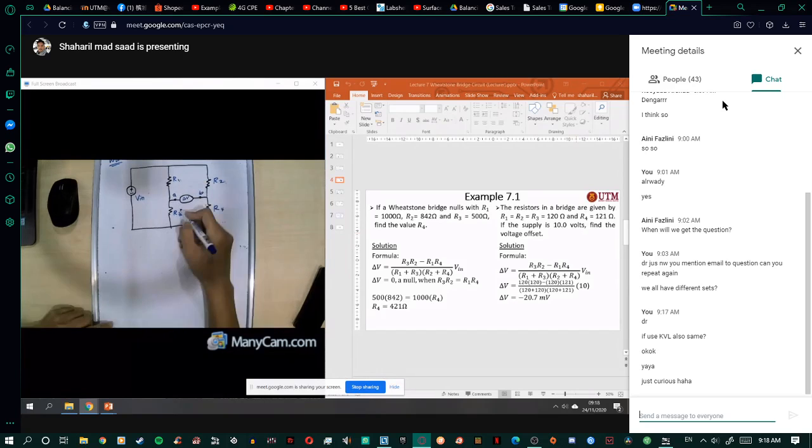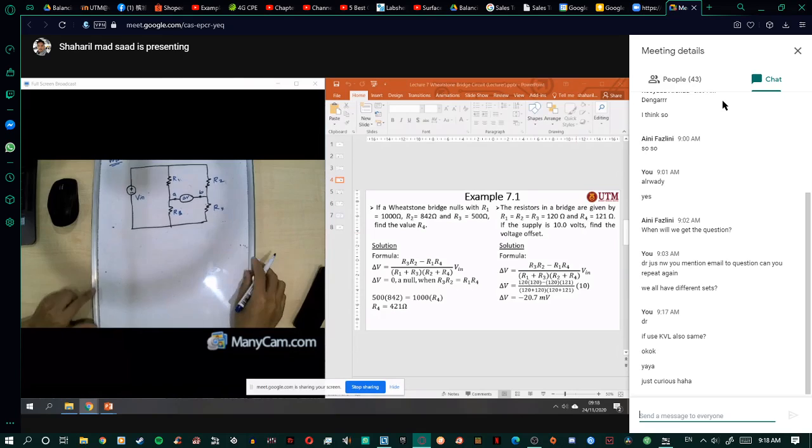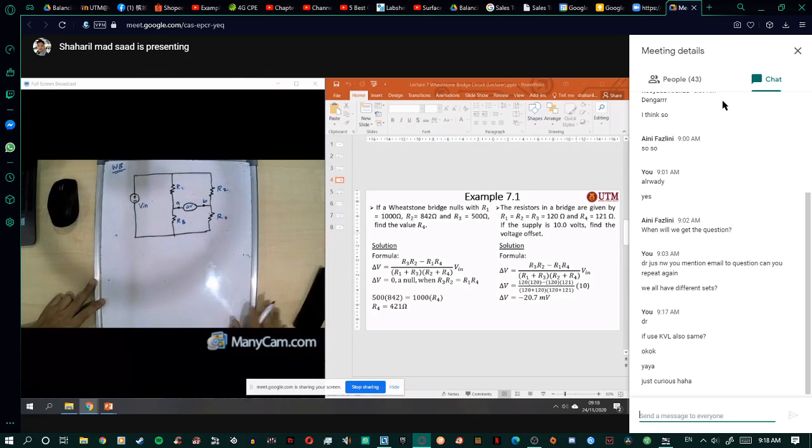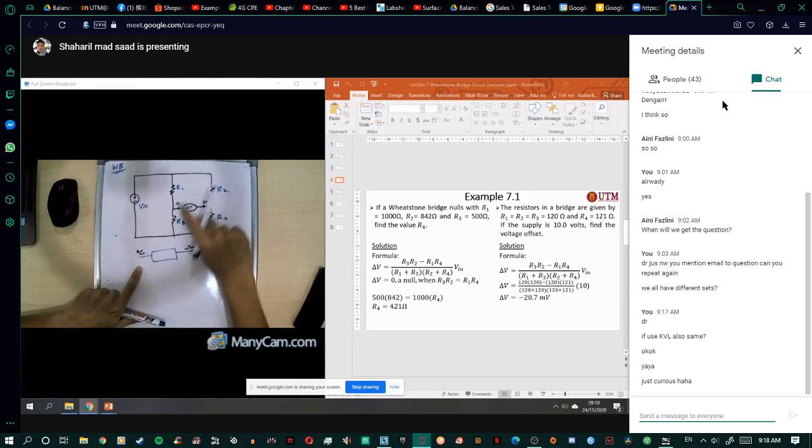Okay. Right. So now let's look at how we can apply our transducer in this Wheatstone bridge. So let's say our transducer detects degrees, temperature, and then the output will be ohm. So right now you want to apply a transducer in this Wheatstone bridge.